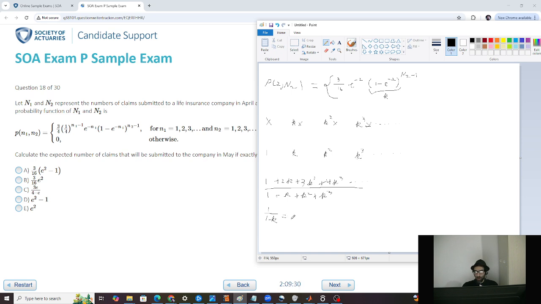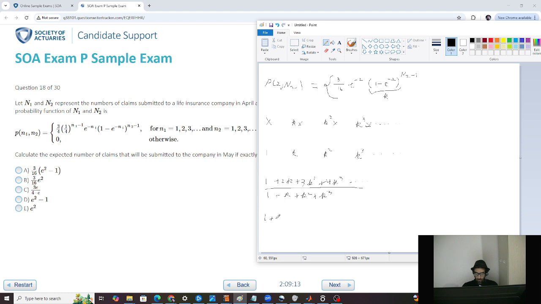So this gets you something involving an e squared. Hold on, you know what? I'm just blanking on this. Let's make absolutely certain of this.